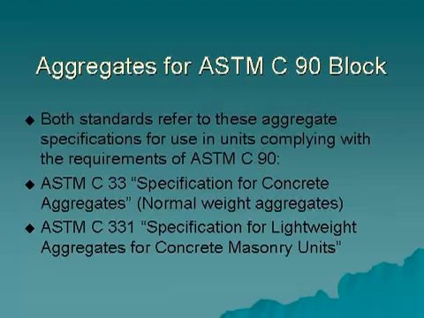ASTM C 90 refers to the use of normal weight concrete aggregates complying with ASTM C 33 and ASTM C 331 lightweight aggregates. Therefore, to consider the appropriateness of using these aggregates, the manufacturer will obtain test reports from their suppliers indicating whether or not the material being used complies with these requirements.